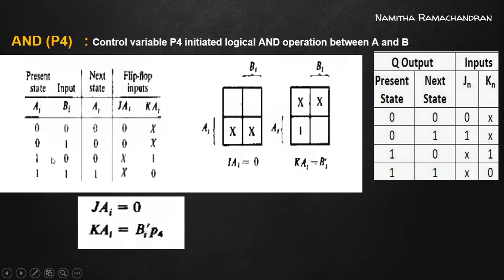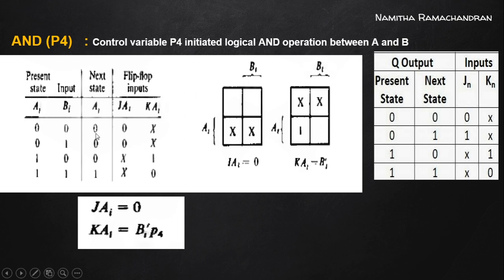So while performing AND operation with this present input, what will be the next state value of our A accumulator bit? If it is 0 0, while performing AND operation between these two, the next state becomes 0 itself. And 0 and 1 is 0 again. 1 and 0 is 0, and with 1 and 1 it is 1.